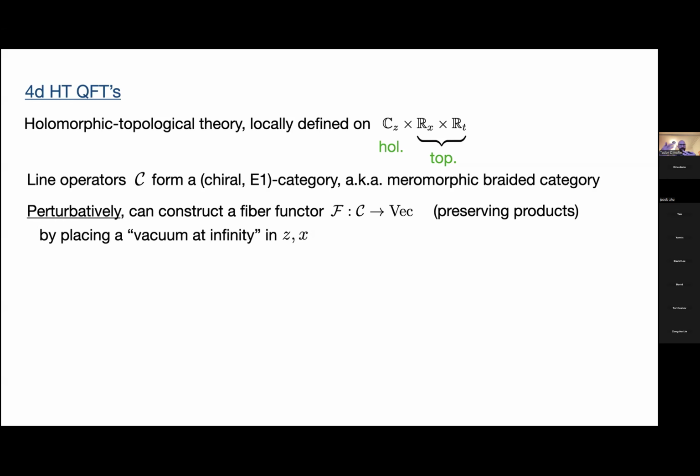Say you have something happening at z and something happening at 0. Are there operators at zero that are somehow equivalent to whatever's being inserted at z? That's the same question one asks when trying to define an OPE of local operators in 2D conformal field theory. There are Taylor expansions that allow you to take an operator at one point and re-express it at another point. And there's an actual OPE: if you have two operators, you can say which set of operators at one point is equivalent to the pair.